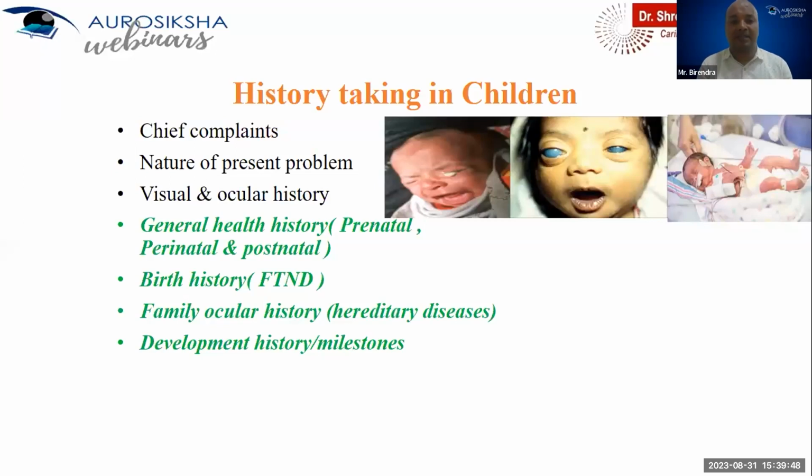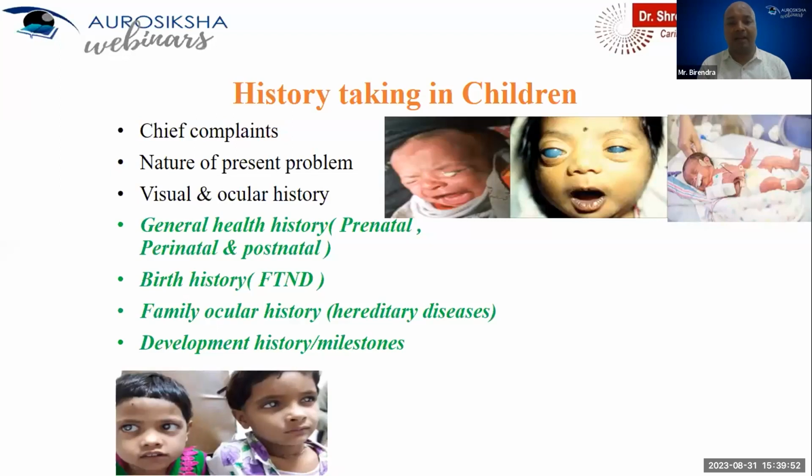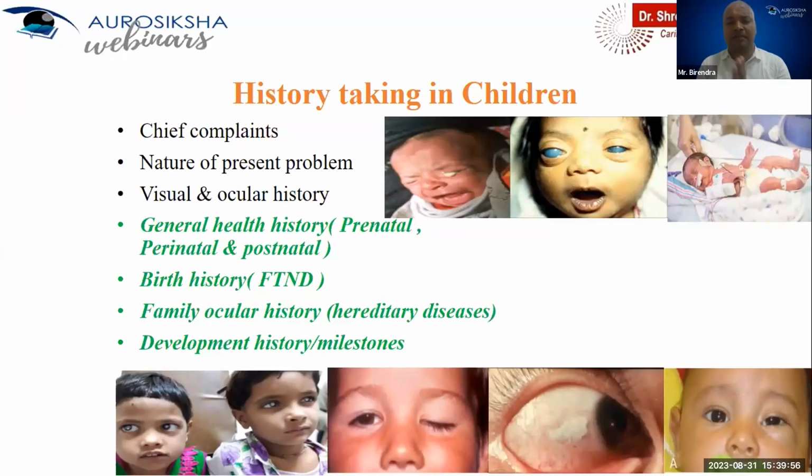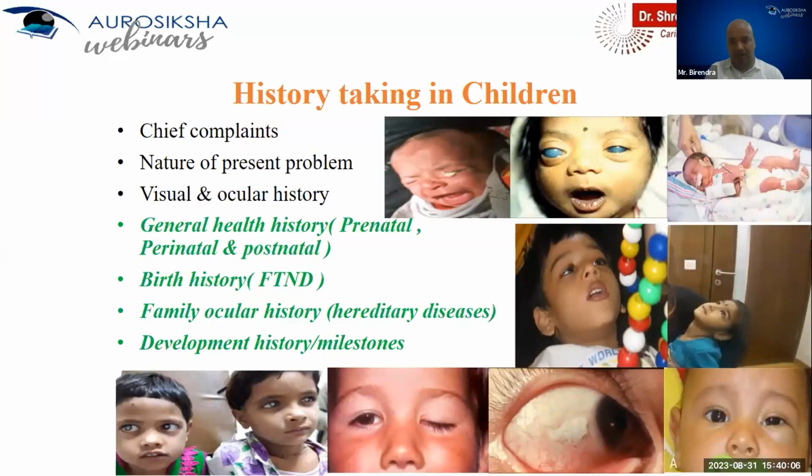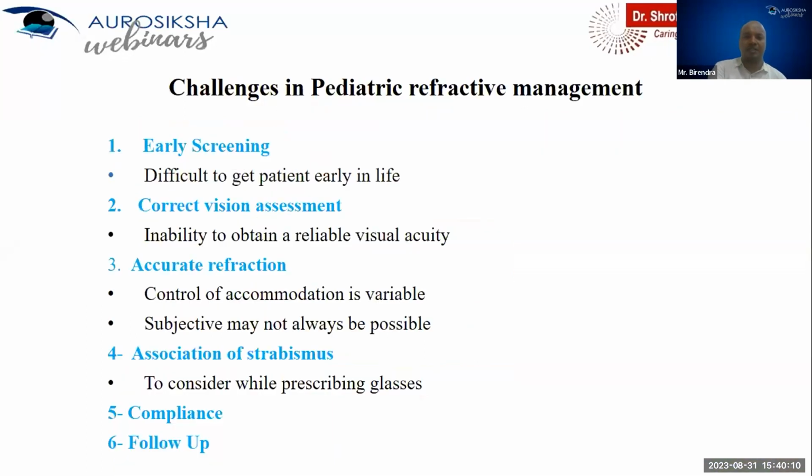Infection during the pregnancy period can cause NLDO block, and hereditary diseases include congenital cataract, myopia and glaucoma. Developmental history is also very important, like delayed developmental milestones in a case of cortical visual impairment.